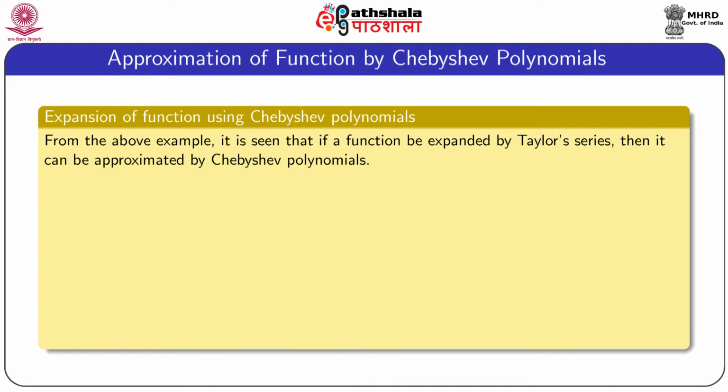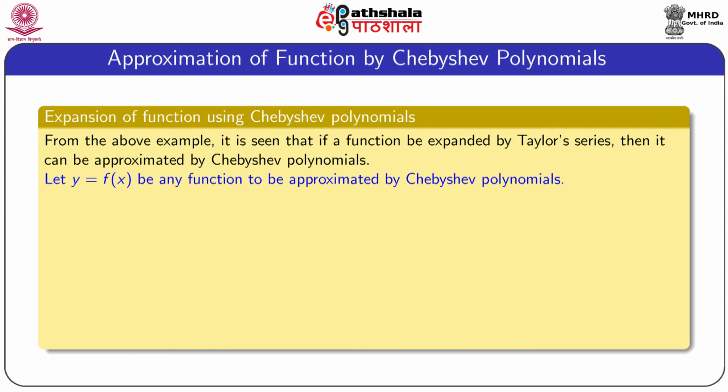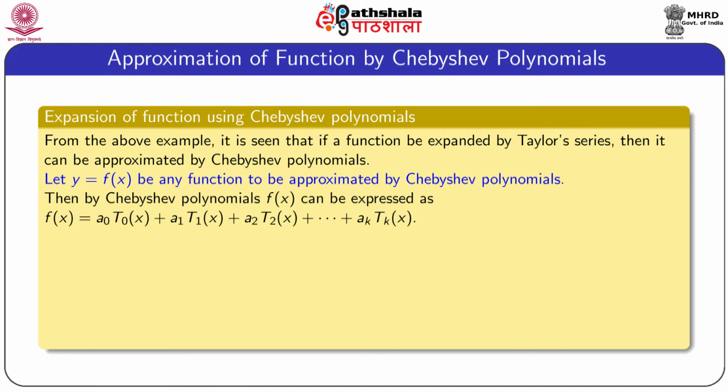Now, we consider another kind of problem. From this example, we see that if a function is expanded by the Taylor series method, then it can be approximated by Chebyshev polynomials. So, for this purpose, we assume that y equals f(x) is a function which is to be approximated by Chebyshev polynomials.